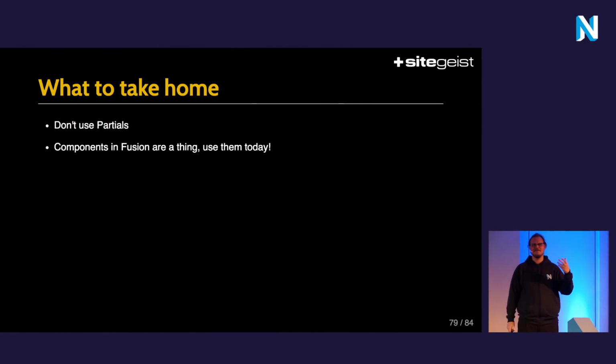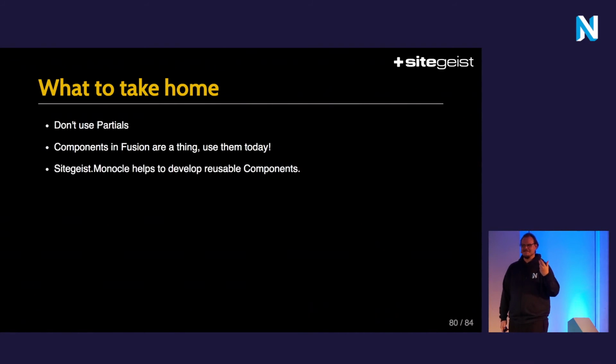You can use our Atomic Fusion package to create and express those components. It is usable today. Just try it out. You can use Zeitgeist Monocle to develop those components in an isolated fashion with a nice responsive preview and all the testing abilities that come with it.